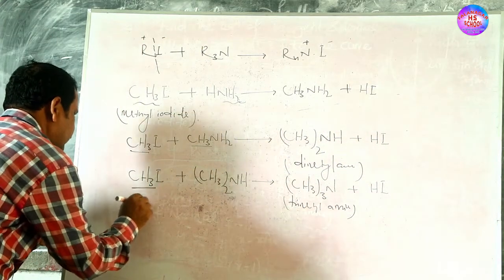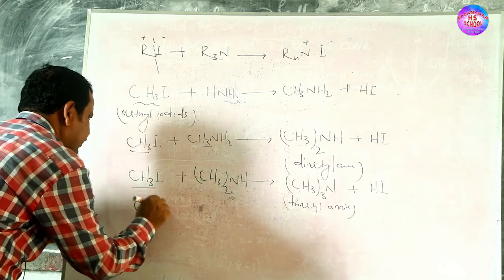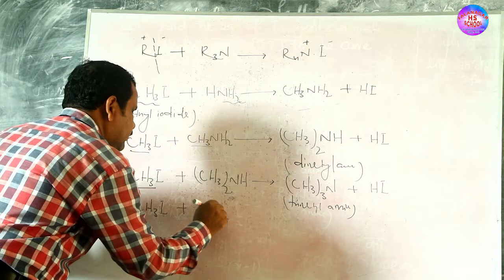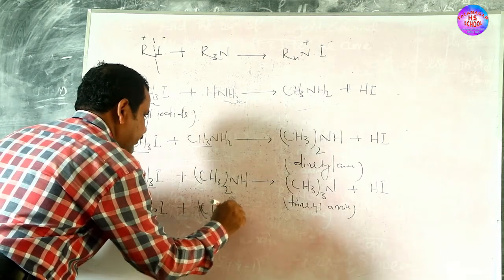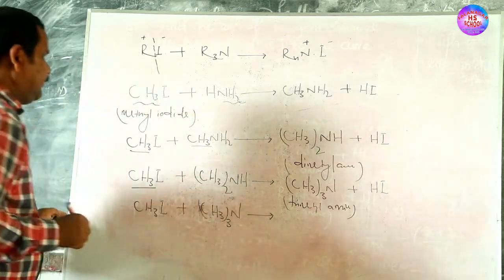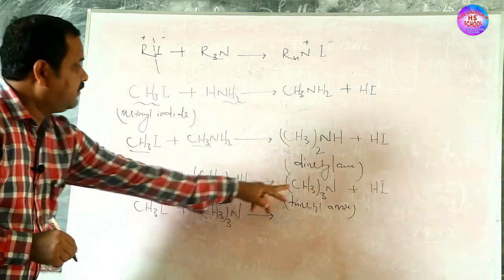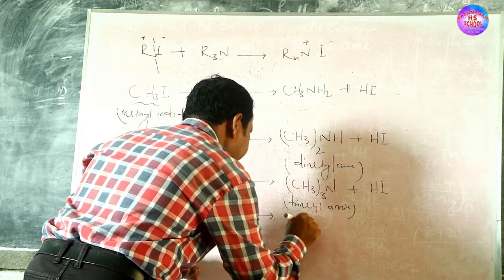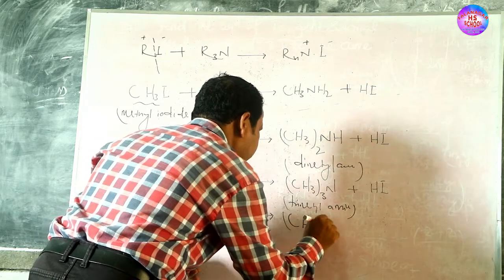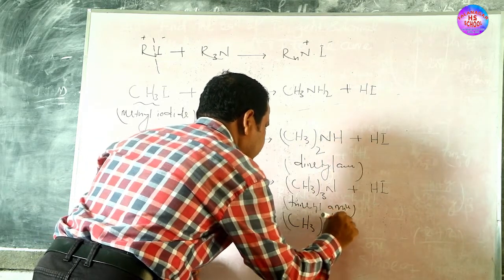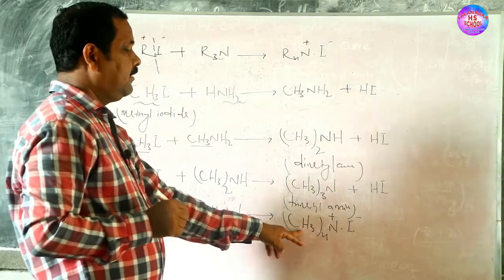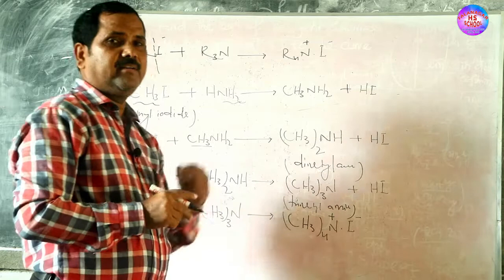The last step, another methyl iodide attaches to trimethylamine, (CH3)3N, this compound. So we get (CH3)4N plus I minus, tetramethyl ammonium iodide.